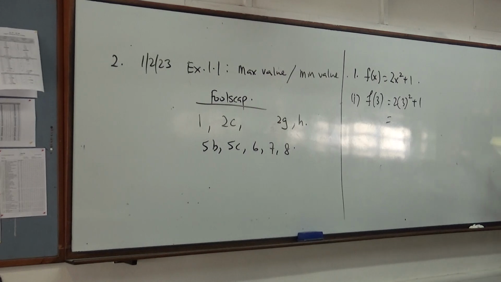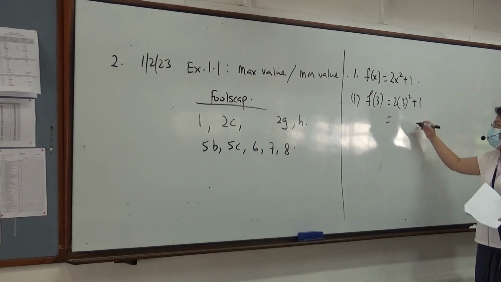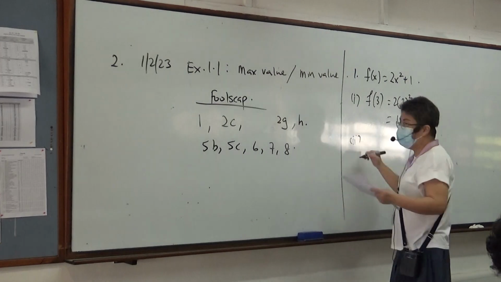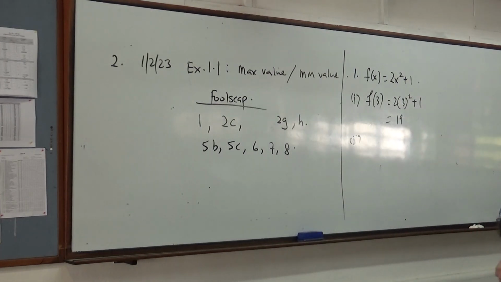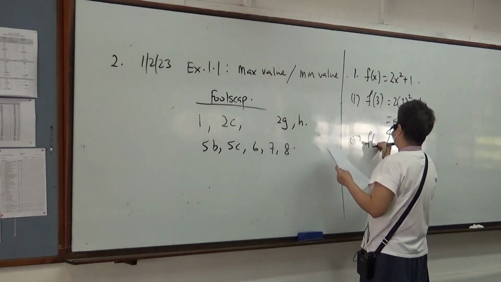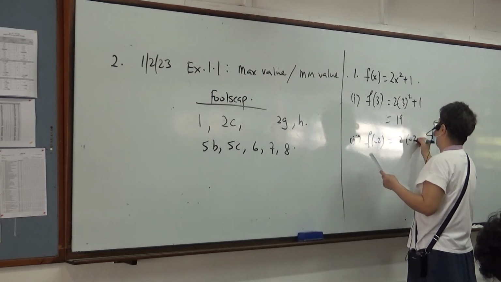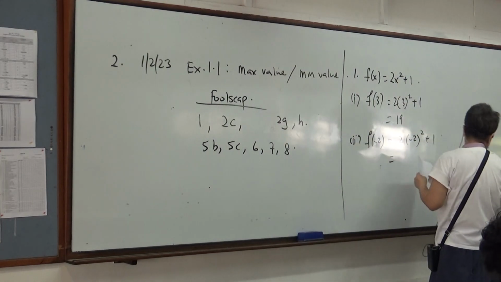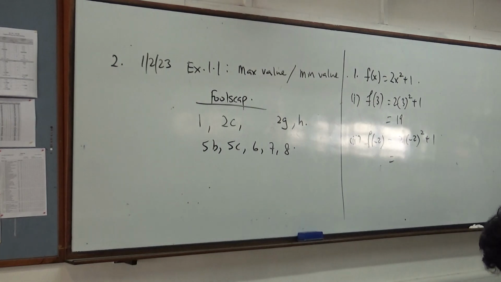What's the answer? 19, very good. If this one also wrong, can go over again. Okay, number 2. f(-2). Calculator.